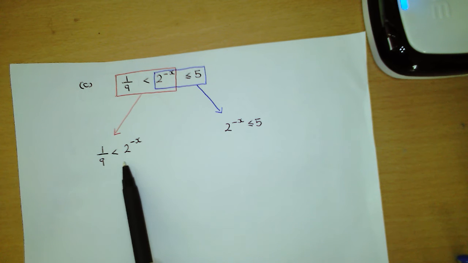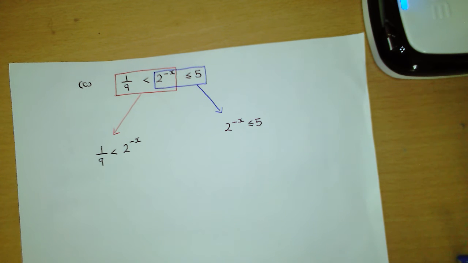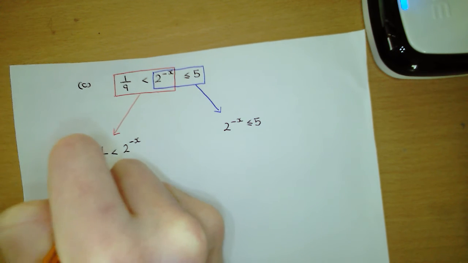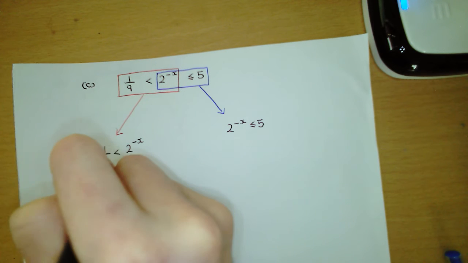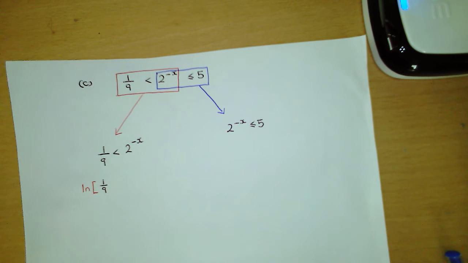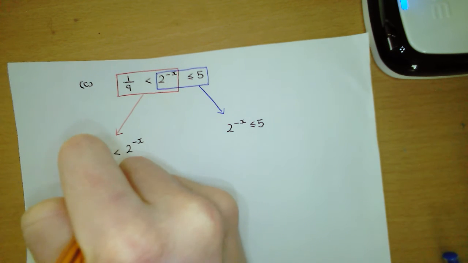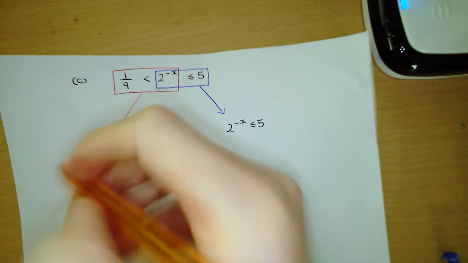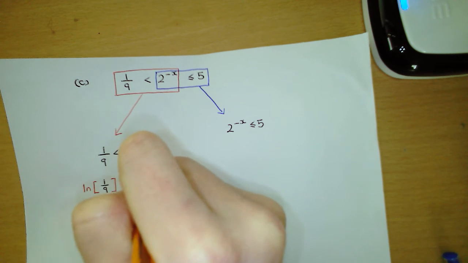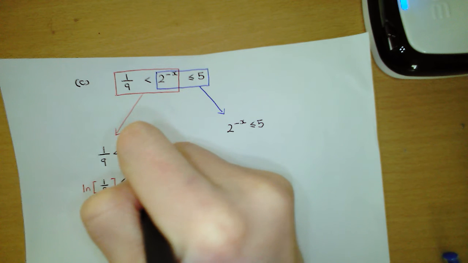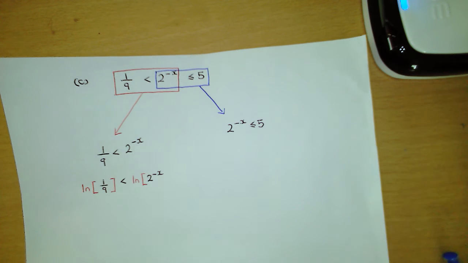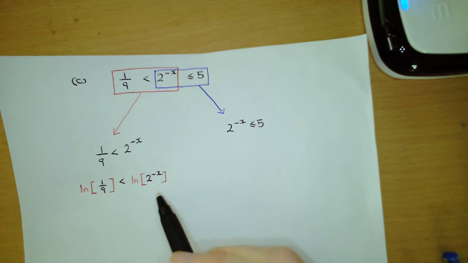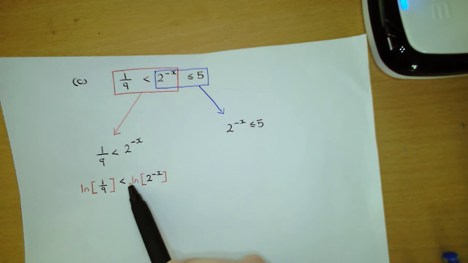So the first one here, again, we're going to take natural log of both sides. We're now going to make the power the coefficient of the log.